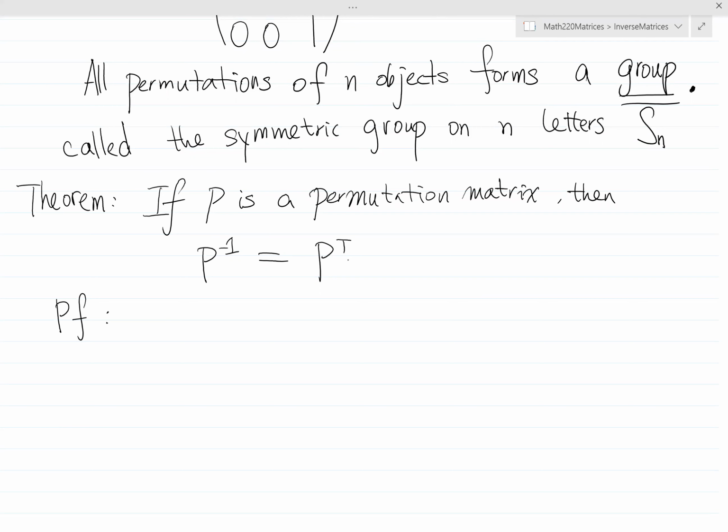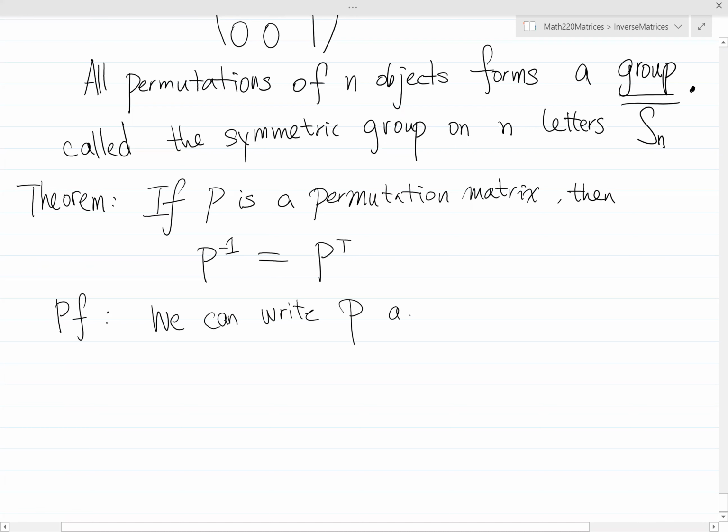And then we can achieve any permutation P as a product of transpositions. So we can achieve a permutation as a combination of transpositions. Think about it, okay? So you can write P as a product of transpositions.